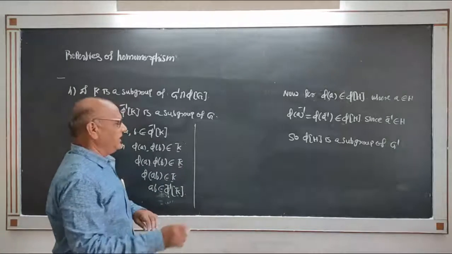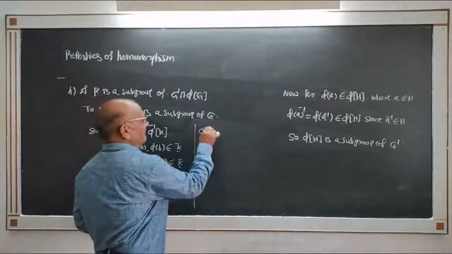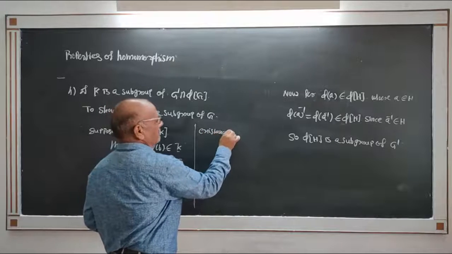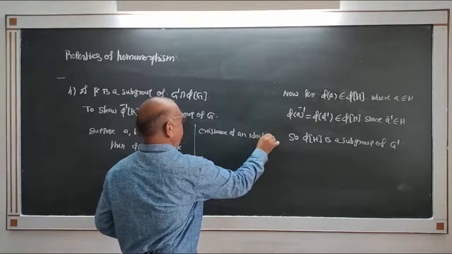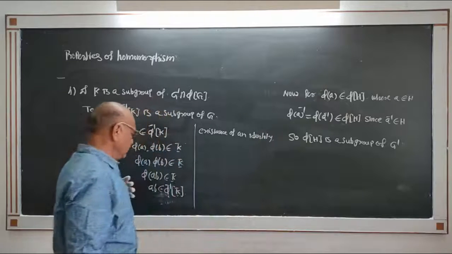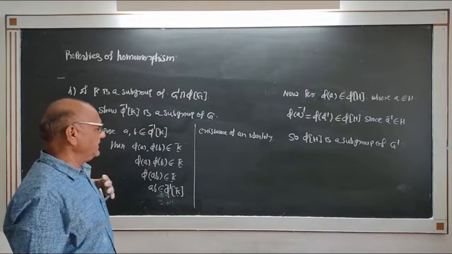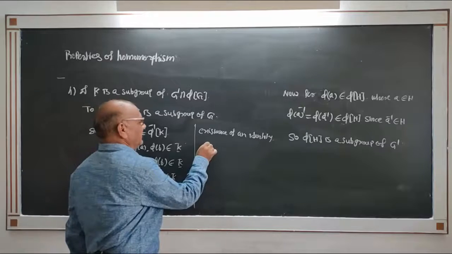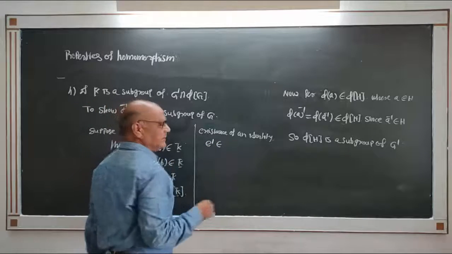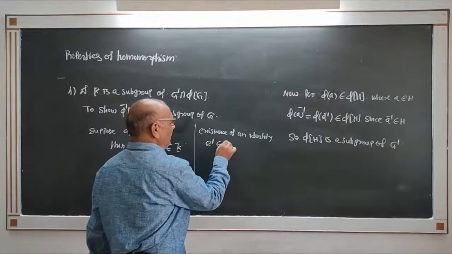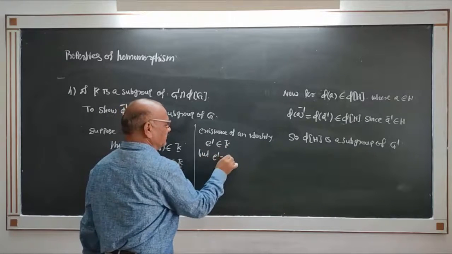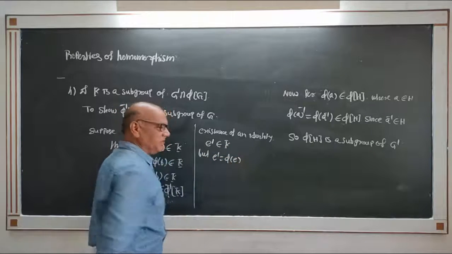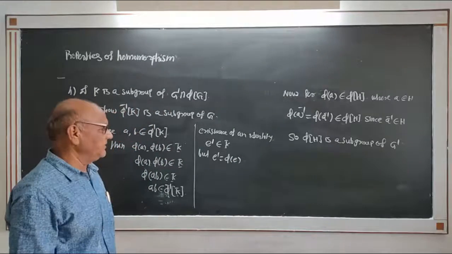Now, for existence of an identity. Here e' belongs to K, but e' is equal to phi of e.